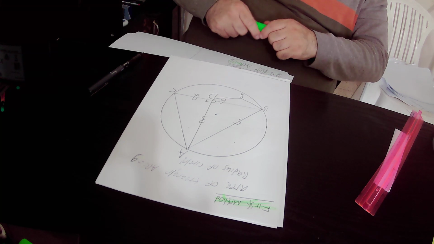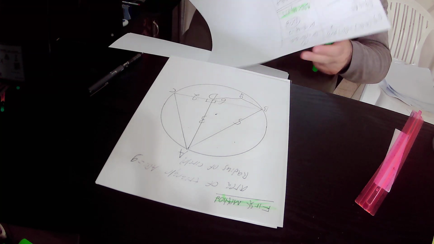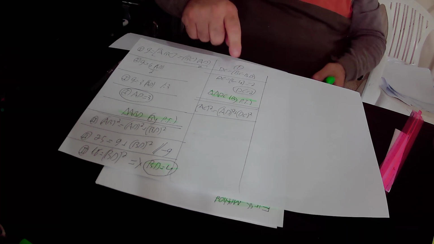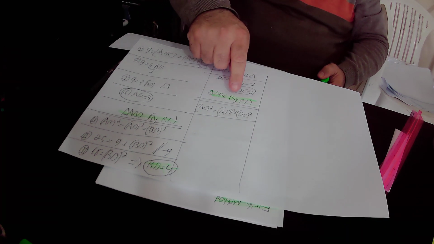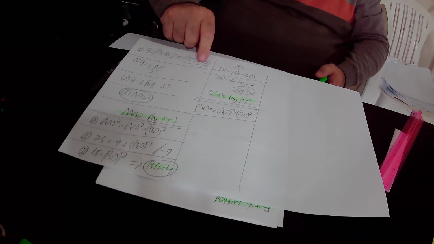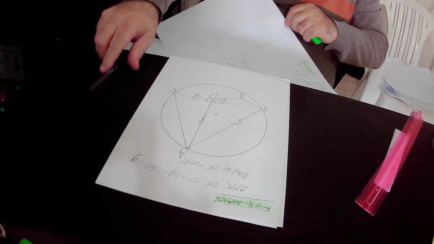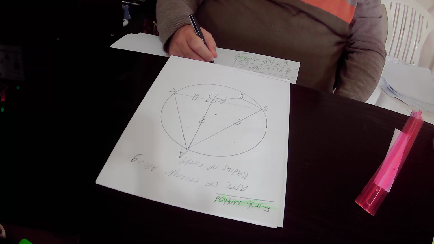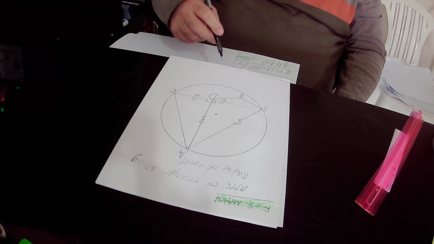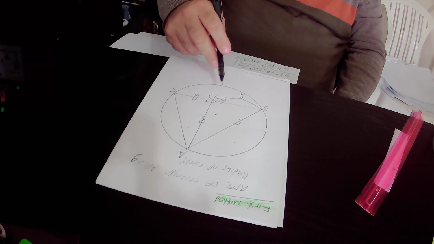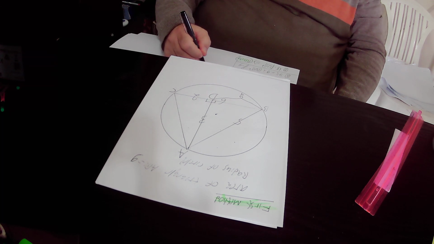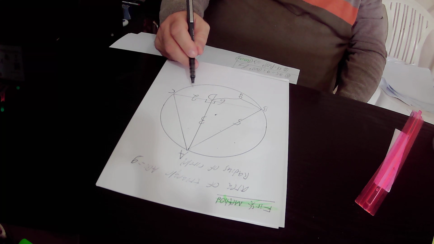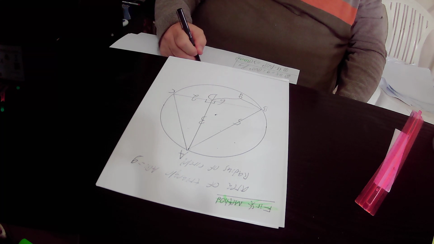I repeat again. In the right triangle, triangle ADC, according to the Pythagoras theorem, AC squared equals AD squared plus DC squared. So AC squared equals AD squared. AD equals 3, so AD squared is 3 squared, that is 9, plus DC squared. DC equals 2, so DC squared is 2 squared, that is 4.